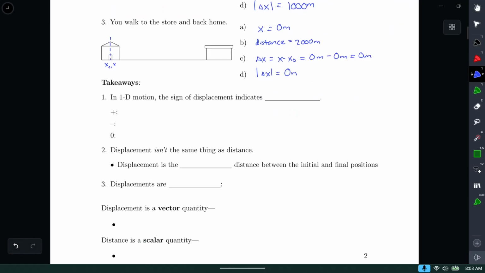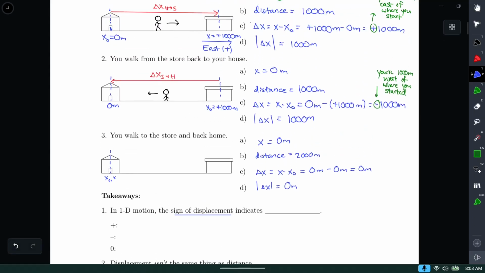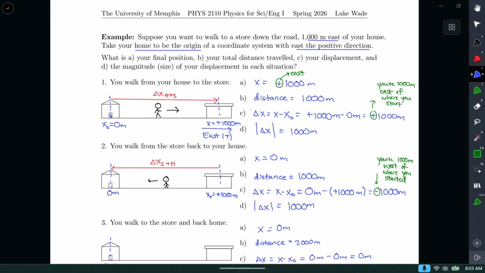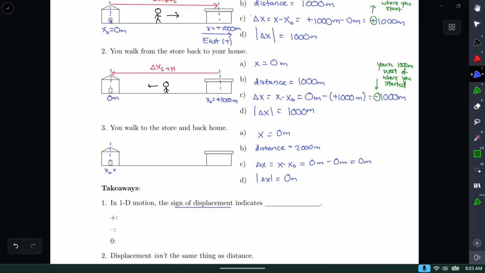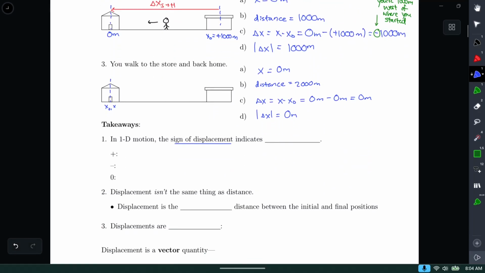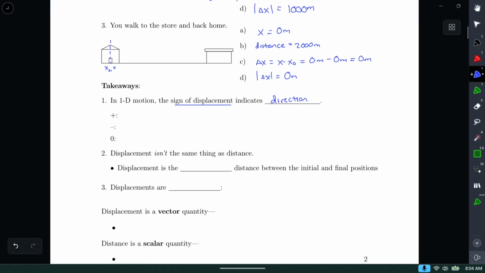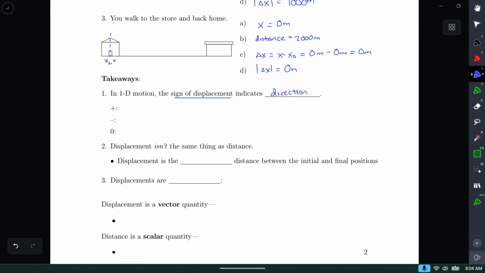So anyway, some takeaways from that are, one, the sign of the displacement. So if I look at the sign of it, plus, minus, or 0, what's it telling me? The direction. You're going east or west? Yeah. And again, it doesn't tell me about the full details of the motion, whether I went east and then a little bit west and then back east and west.